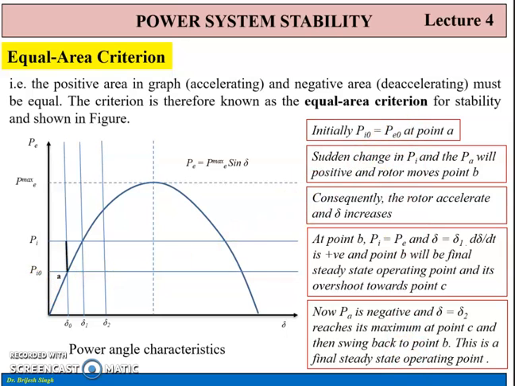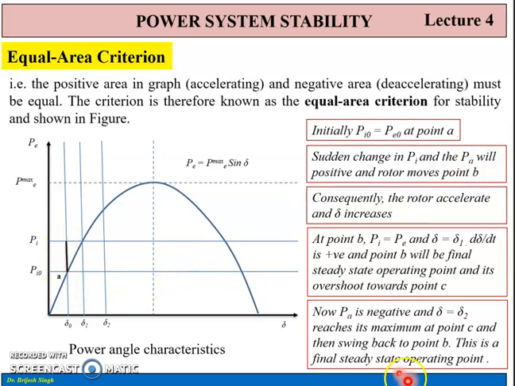Now suppose there is a sudden change in Pi, and Pa will be positive and the rotor moves from point A to point B. If for any reason the mechanical power on the shaft is changed suddenly, then the corresponding Pa will change and it will be positive.